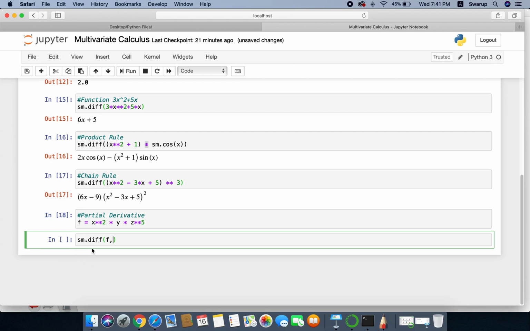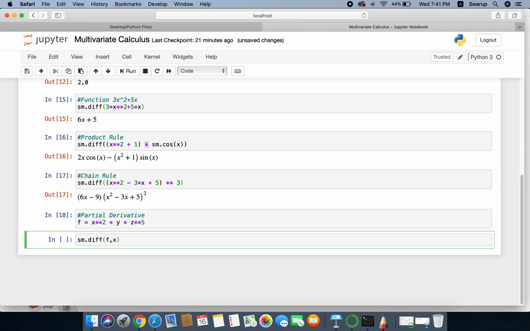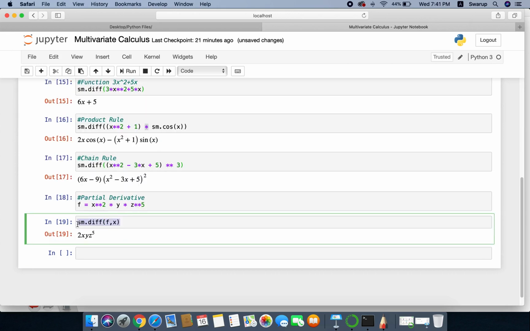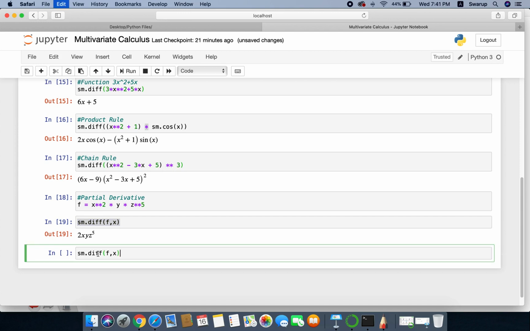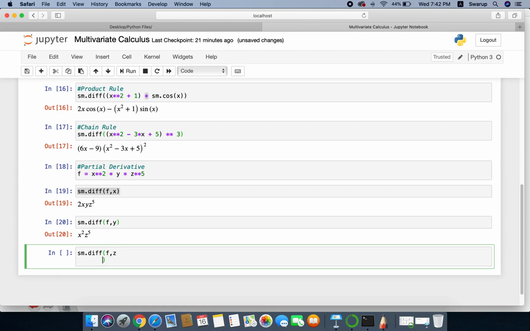Using this differentiation function, we can find the derivative for each of the variables. First for f of x, it gives me 2x y z to the power 5. Then for the next one, f of y, the derivative for y, it gives me x square z to the power 5, and the next one will be f of z.